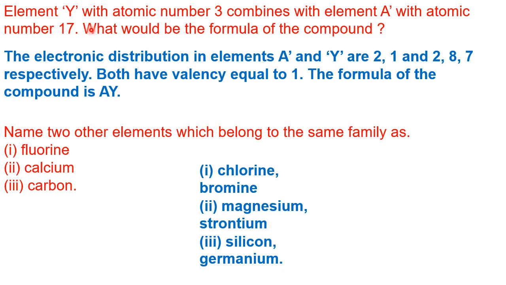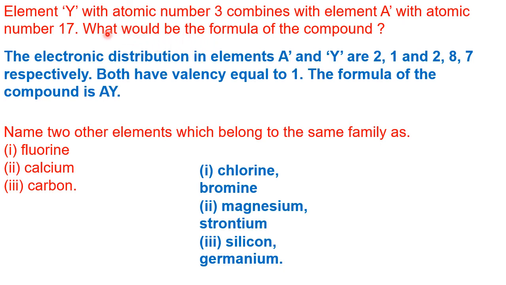Element Y with atomic number 3 combines with element A with atomic number 17. What would be the formula of the compound? Okay, element Y, atomic number 3, that is 2-1 electronic configuration. Element A, atomic number 17, means it is 2-8-7. This is 2-1, wants to donate one electron. Then this one, which one?